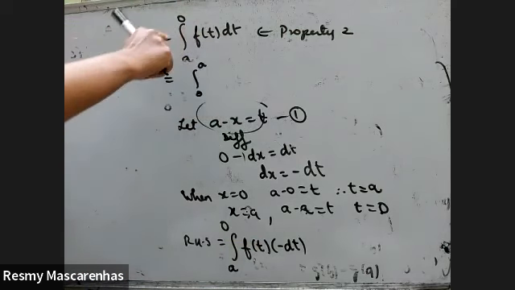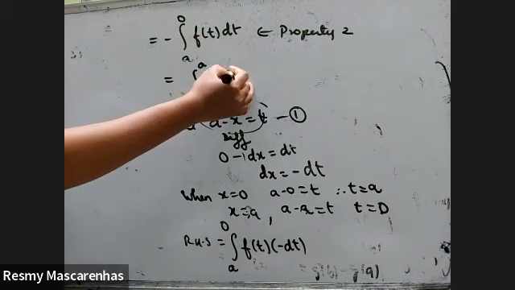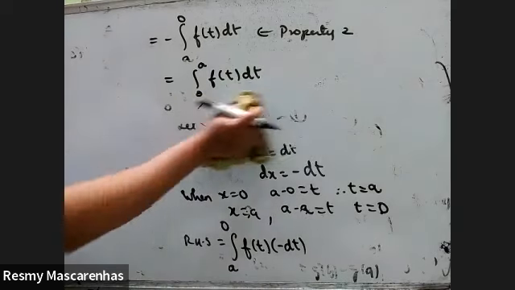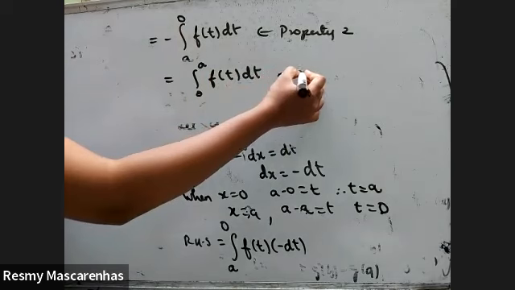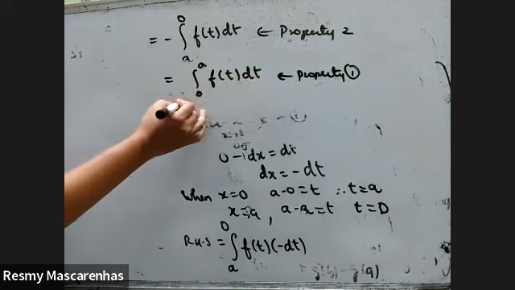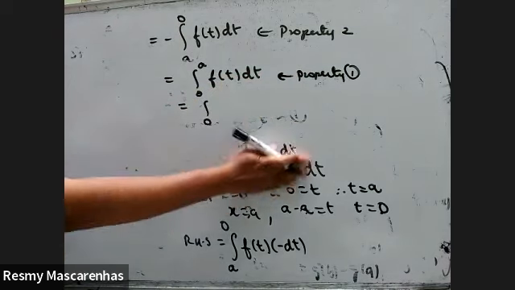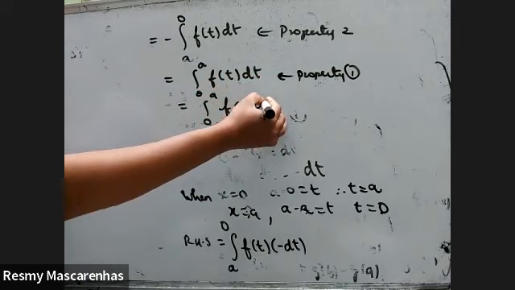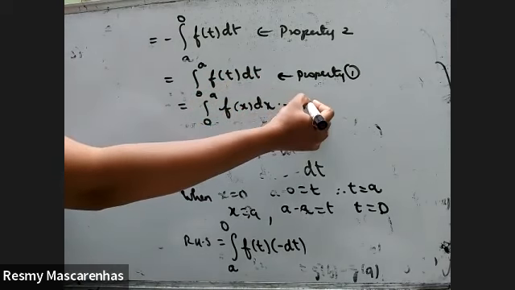So I'll make this 0 to a and minus, I'll take it. So using property 2, I've reversed. Now using property 1, I can simply replace t by x. Whether I write t or x doesn't matter. And that's why I'll get equal to left hand side.